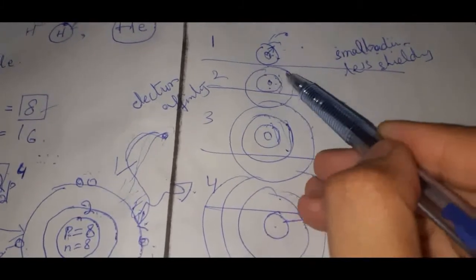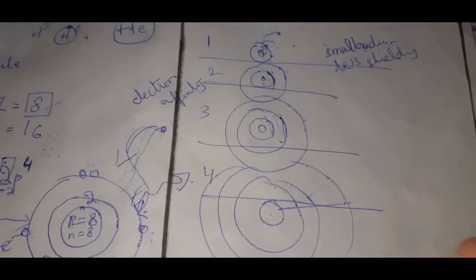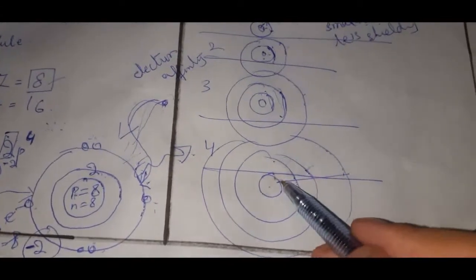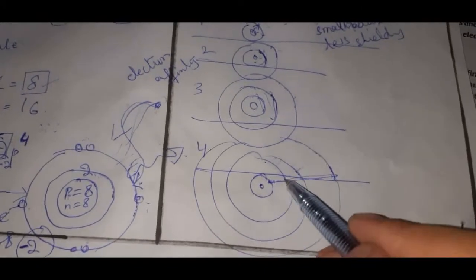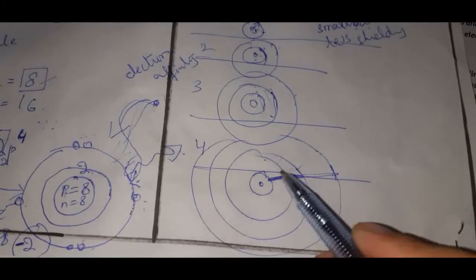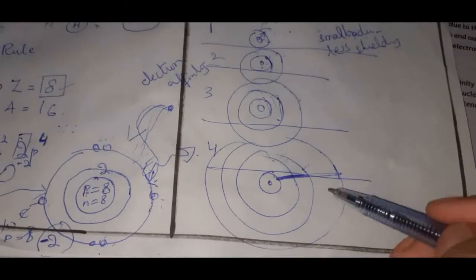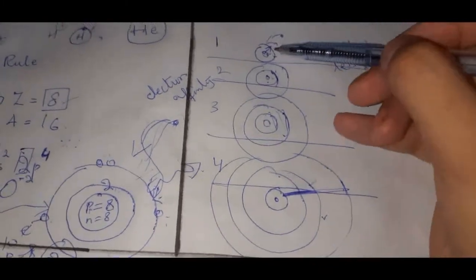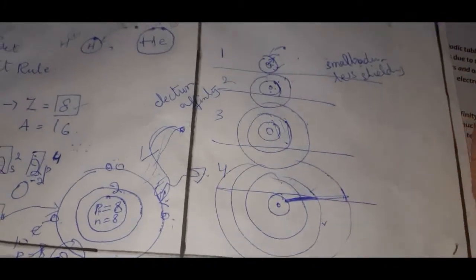So here is only 1 shell between them, whereas in this case this is the nucleus and this is your valence shell. So there are 3 shells in between them, right? So which has more shielding effect? This will have more shielding effect, whereas the first group has less shielding effect, right?